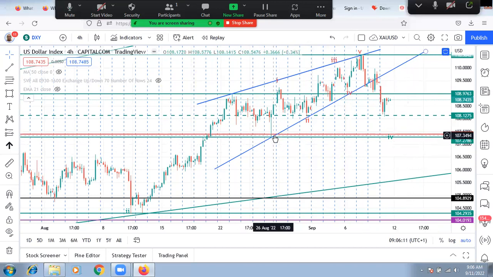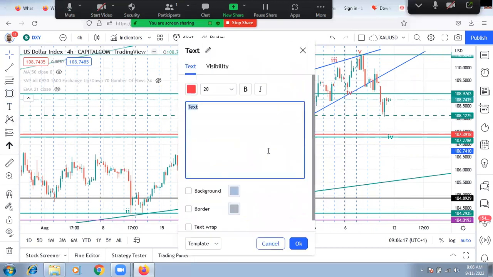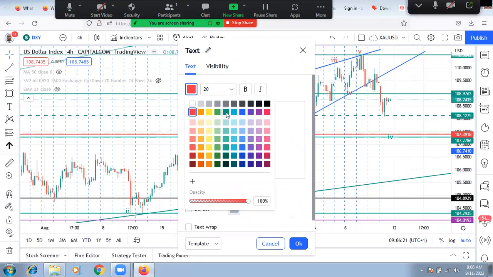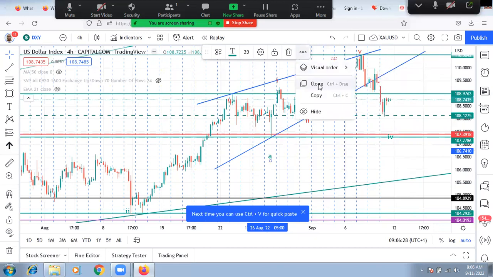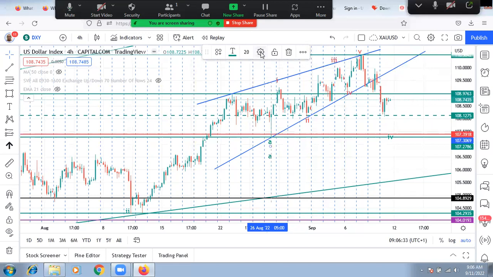So if we take this one as an A, in terms of a correction, let's look at that possibility of it being an A, because that is the side I presented. I didn't present the issue of an ending structure here on a bigger time frame, which is very, very clear to us on the bigger time frame. But in a smaller time frame, is it an ending structure? That is the question now.